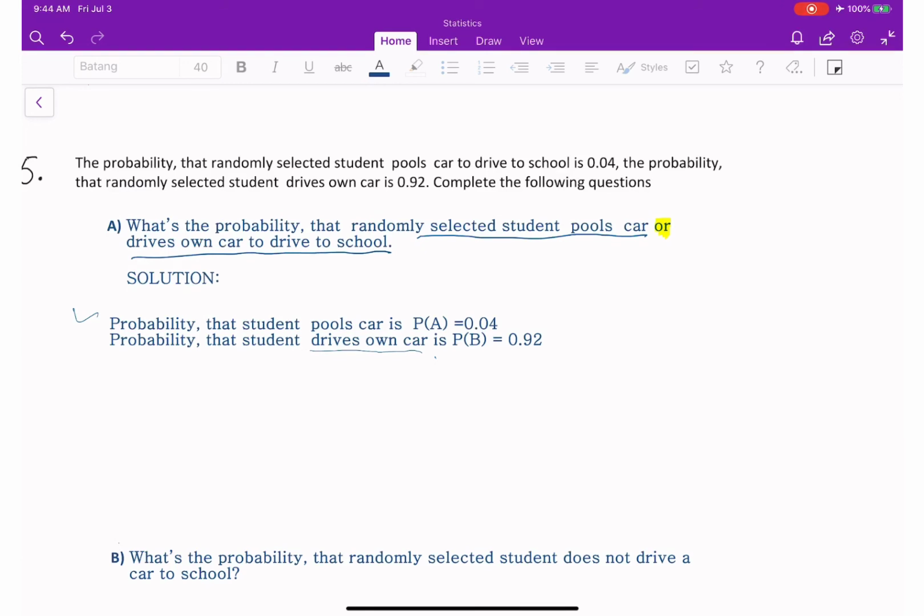So what's the probability that a student is either going to pull the car or going to drive own car?